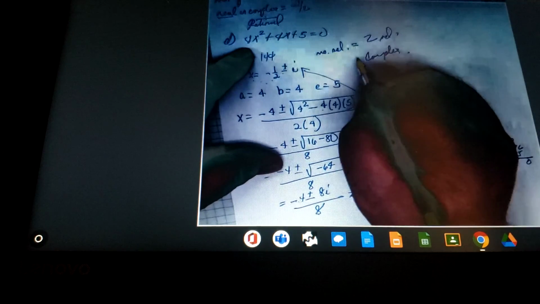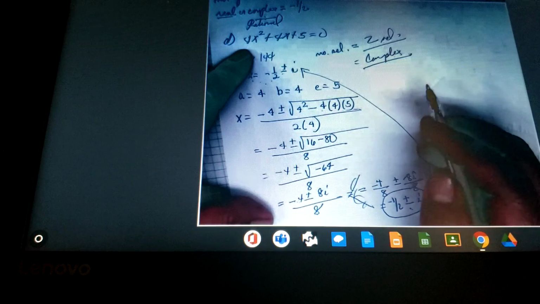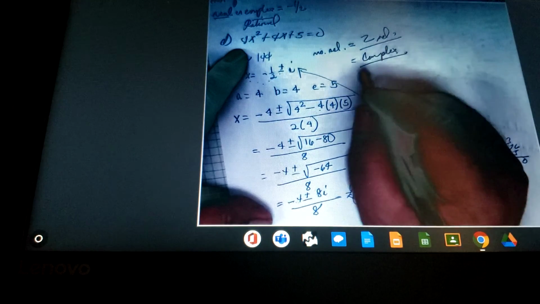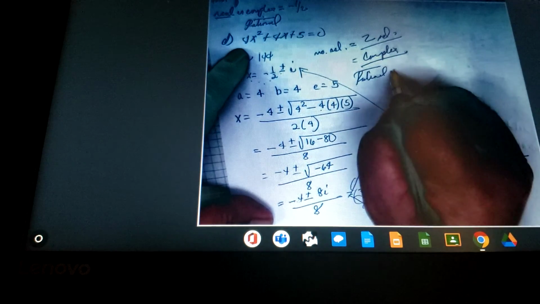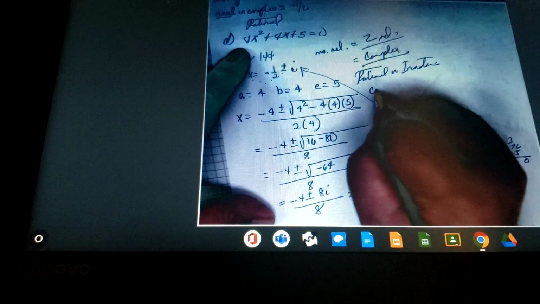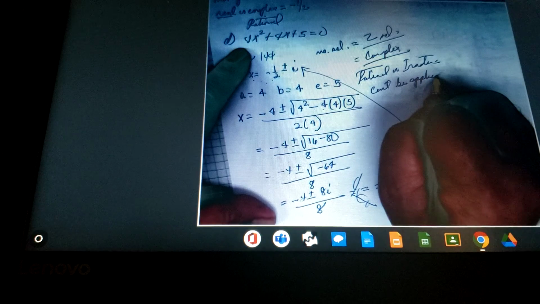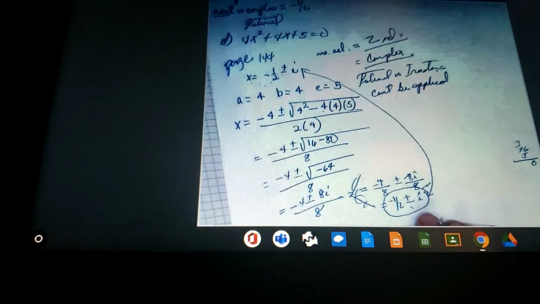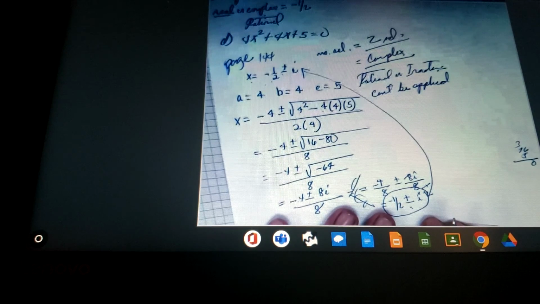Complex numbers, two solutions. Rational or irrational cannot be applied. Why? Because this is not a real number. That's why we cannot apply rational or irrational.